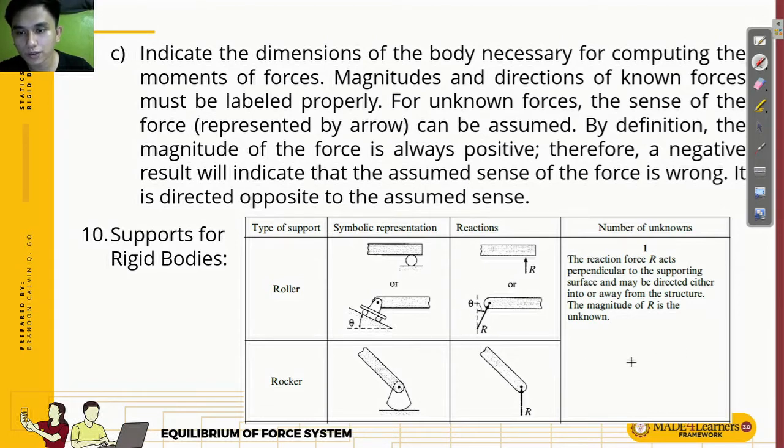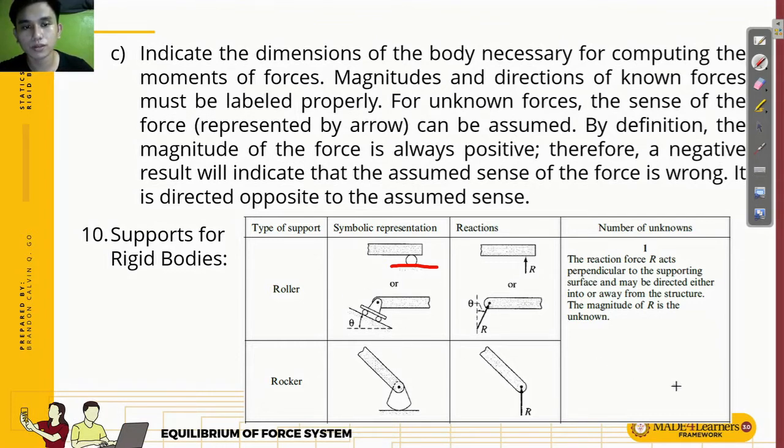If it is a horizontal surface, theta is 0, so the reaction is upright. If it is inclined, the reaction is inclined from the vertical, since it is perpendicular to the ground surface.